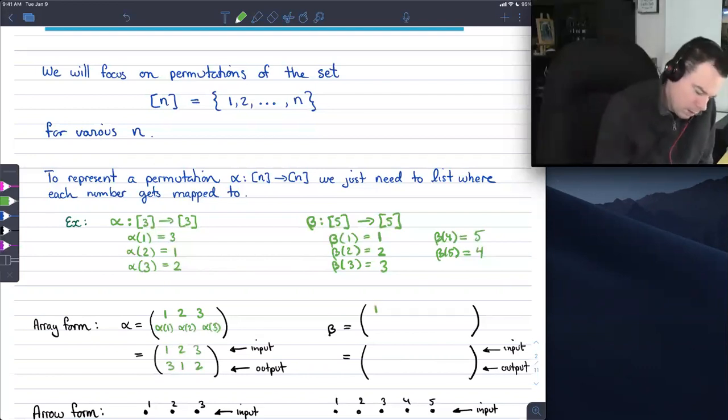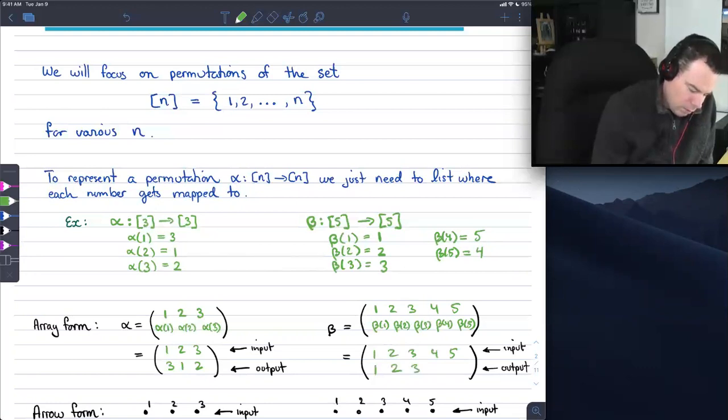So for beta, 1, 2, 3, 4, 5 is our inputs. Our outputs would be the corresponding beta values. And those values are 1 goes to 1, 2 goes to 2, 3 goes to 3, 4 goes to 5, and 5 goes to 4.